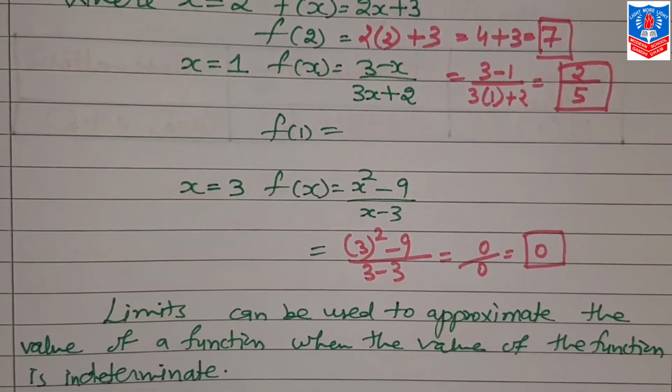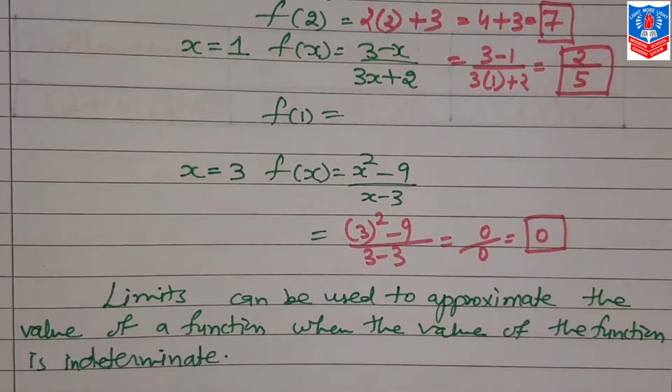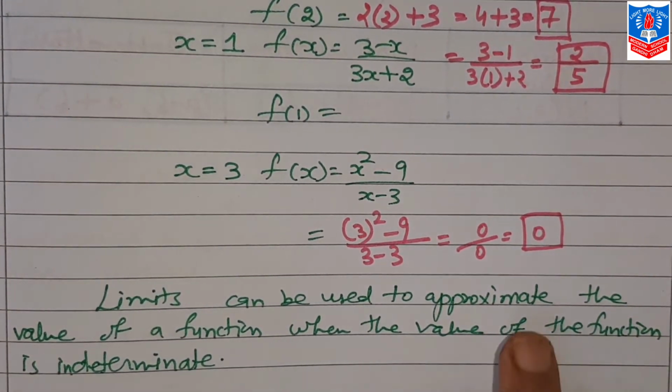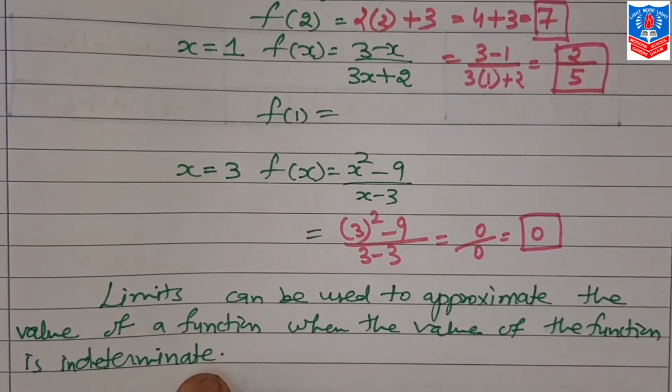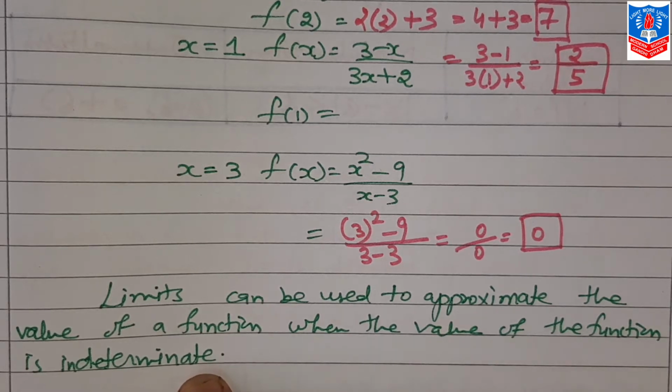So limits can be used to approximate the value of a function when the value of the function is indeterminate. To understand this concept, we will discuss one example. Say you are watching one football match on mobile.